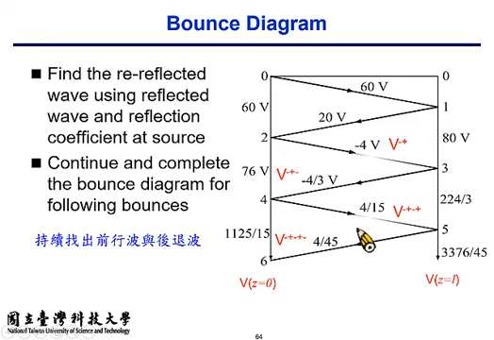As long as the reflection coefficient is smaller than 1 in magnitude, the higher order terms will become smaller and smaller. You see, here is only about 1/10 of a volt, while the lower order ones are 60 volt, 20 volt. Here is just 1 volt.